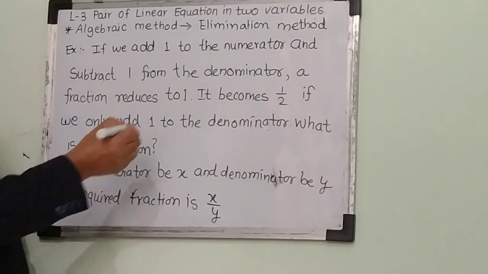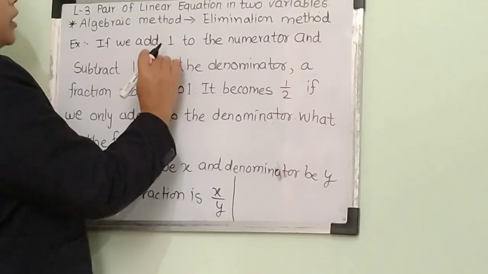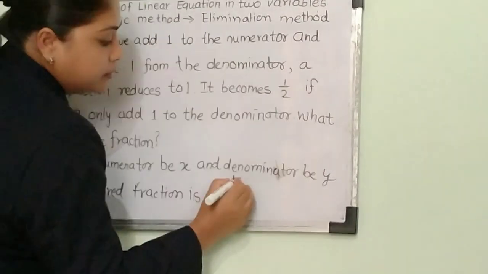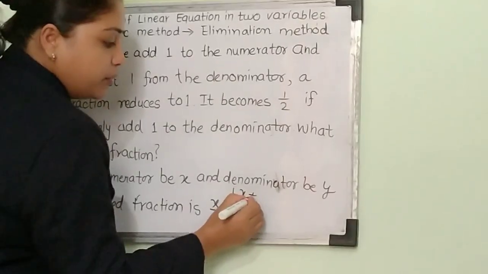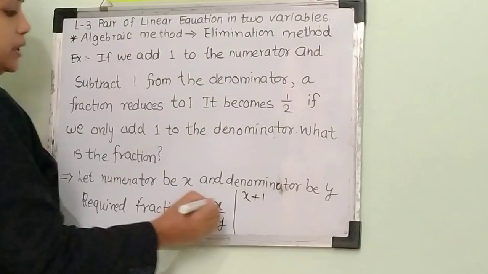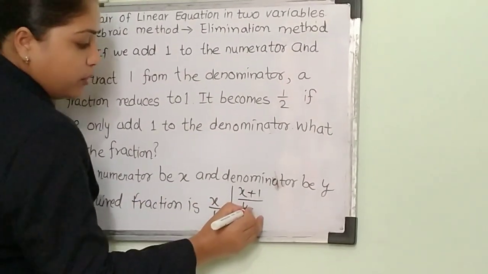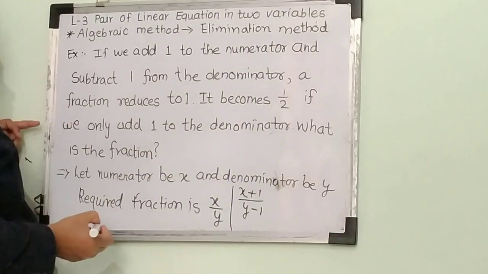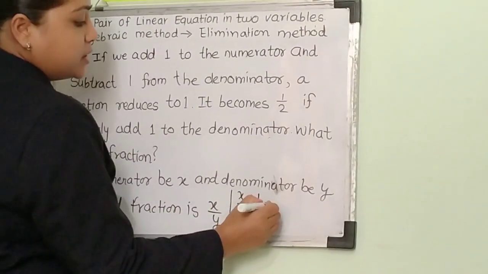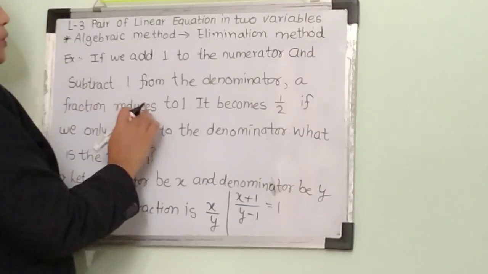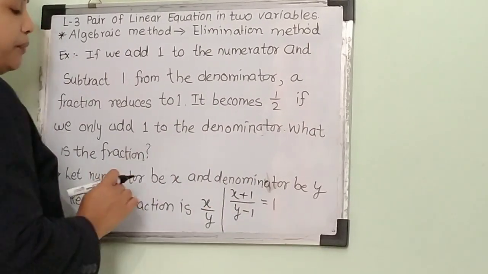So x is the original numerator, we have to add 1 to it, and y is the original denominator, we have to subtract 1 from it. Your fraction becomes 1.